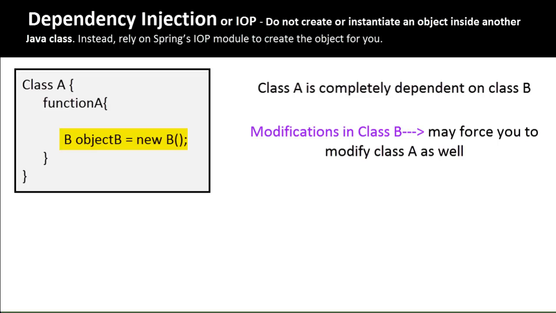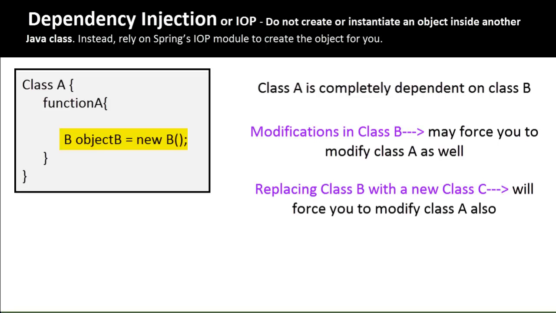And if any developer writes a better version of class B which provides more functionality with the name C, and the project team decides to replace class B with the new class C, then you will need to modify class A as well. For this, you will need to modify class A wherever you are creating object B with an object C.